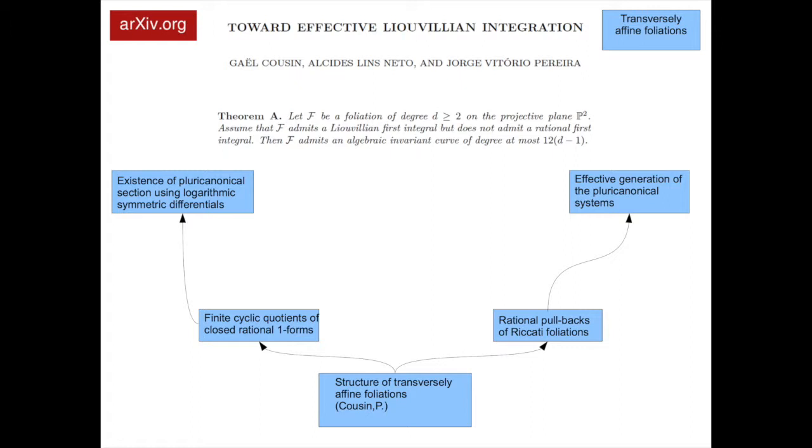You know a priori that you're on P2, a simply connected variety. Having a Liouvillean first integral implies that you actually have an integrating factor, you have invariant algebraic curves. Otherwise, you would have a rational first integral. So from this, you have this set of algebraic curves, which on P2 could be very singular.